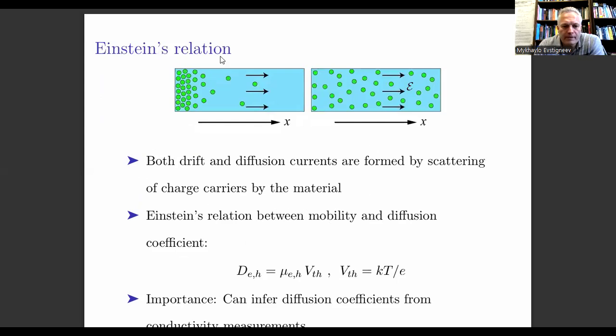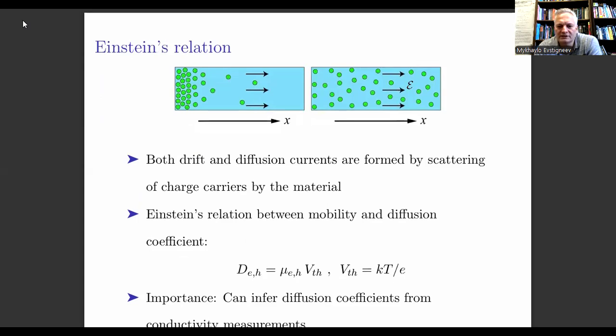Now, I come to a very non-trivial, simple yet non-trivial result known as the Einstein relation. So here is the physics. There are 2 seemingly unrelated phenomena, drift and diffusion. Drift emerges when you apply an electric field and particles start moving in response to the electric field, but they are not accelerated.